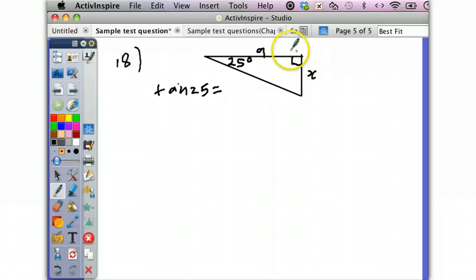You have to touch it and look up here so you line up. That's the opposite over the adjacent. You got it right.